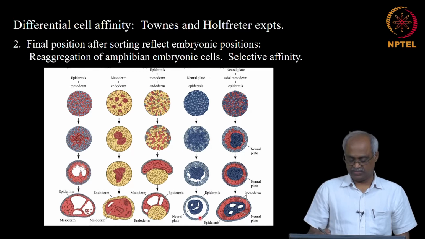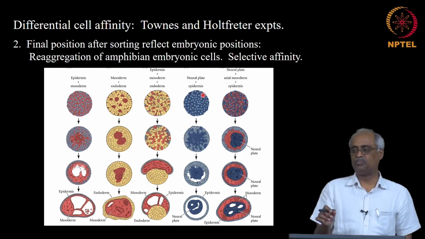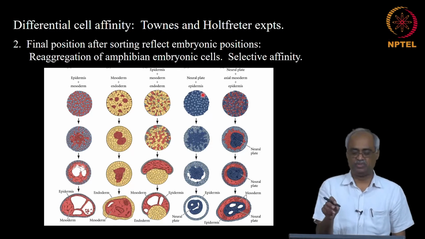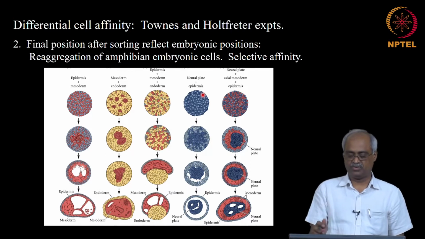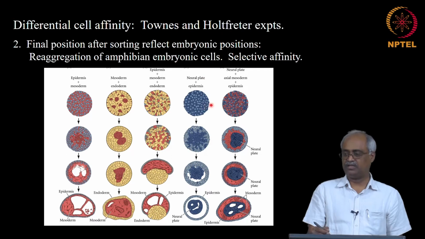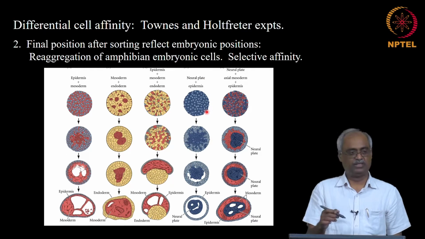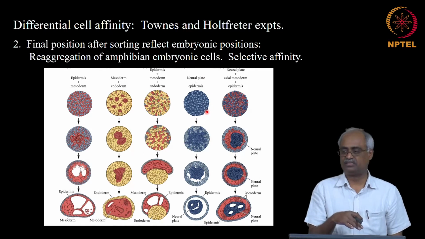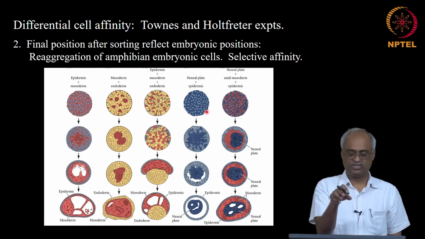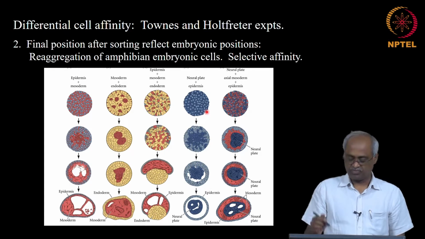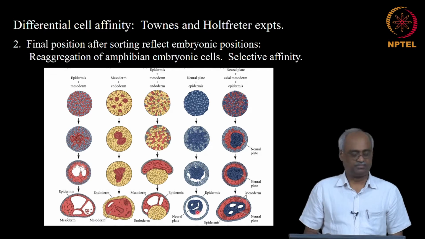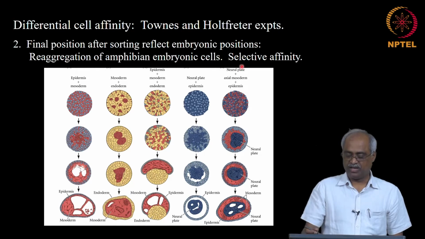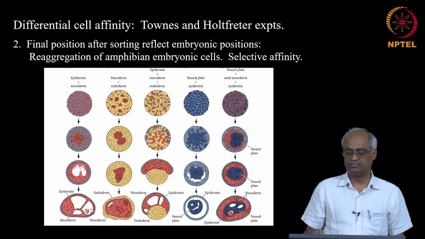More examples here, neural plate versus epidermis, and a little later, within a single germ layer, like for example in the ectoderm you have neural cells and epidermal cells. Remember, the pigmented skin surface cells come from the same progenitor as the neurons, right. So, they again separate, and when you have more varieties and mix them, again they separate the way they would normally do in an embryo.